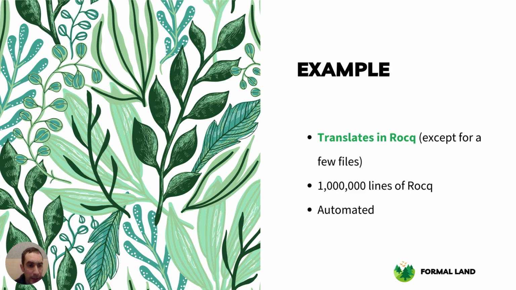It's automated. You just need to type the Rock of Rust command, and it generates about 1 million lines of Rock, because it unfolds all the definitions, even the macros that can be generating much more code than it seems. All the derives and the types are unfolded, and all the files except a small blacklist are compiling.